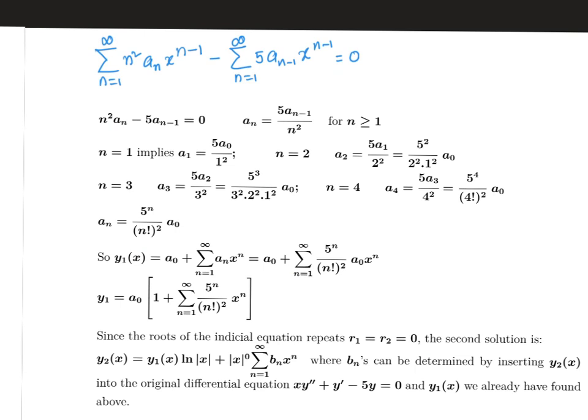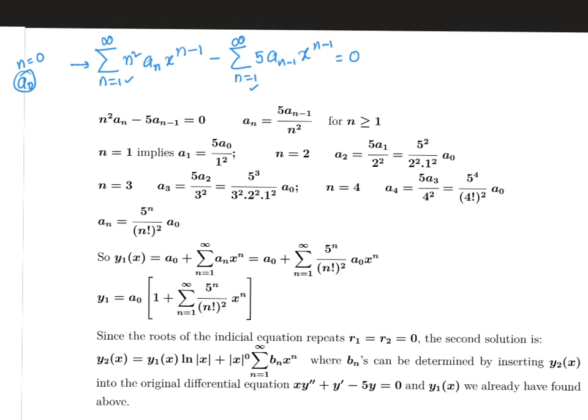Now for n is equal to 1 to infinity, we have both of these summations. The first one is starting at n is equal to 1 because we have already taken into consideration the n is equal to 0 case. That gave me the term a sub 0. For n is equal to 1 here and also n is equal to 1 here, I can compare the coefficients on the left side with those of the coefficients on the right side for the same power of x.